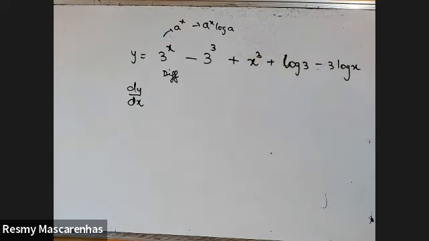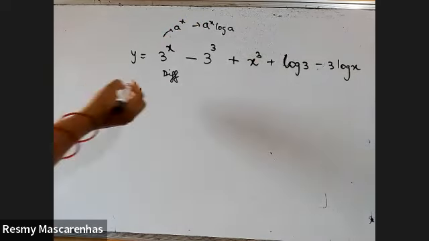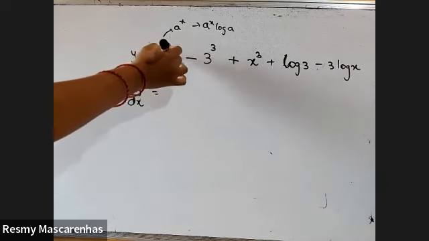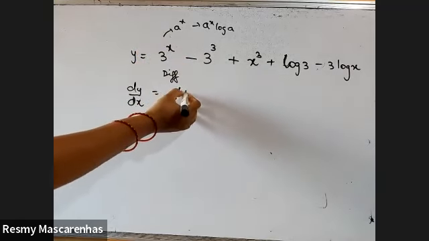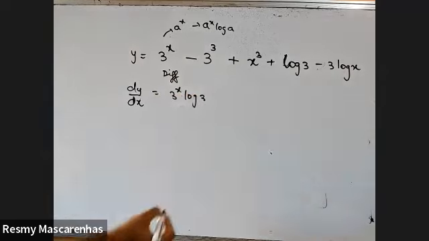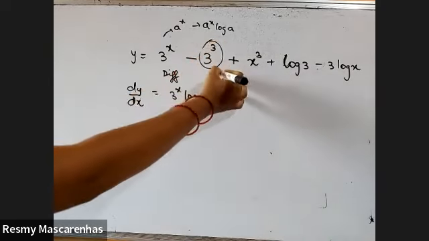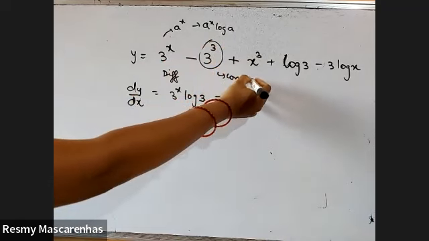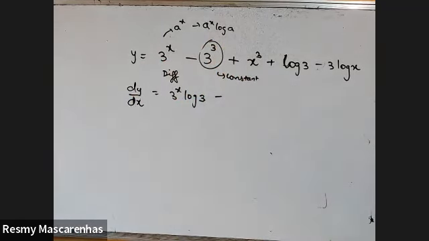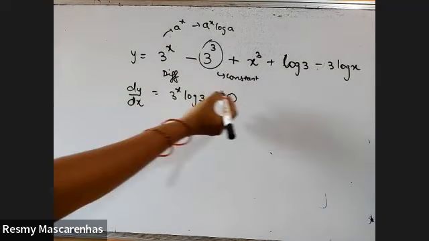So the derivative of 3 raised to x will be 3 raised to x log 3. 3 cube is a constant. 3 cube value is 27, and 27 is a constant, so the answer will be 0. The derivative of a constant is always 0.